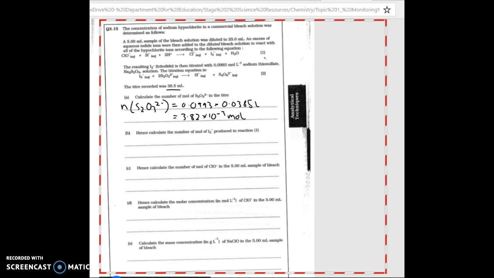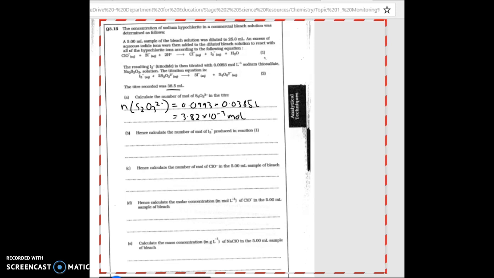So it took 3.82 times 10 to the minus 3 moles of thiosulfate to react with all of this iodine.